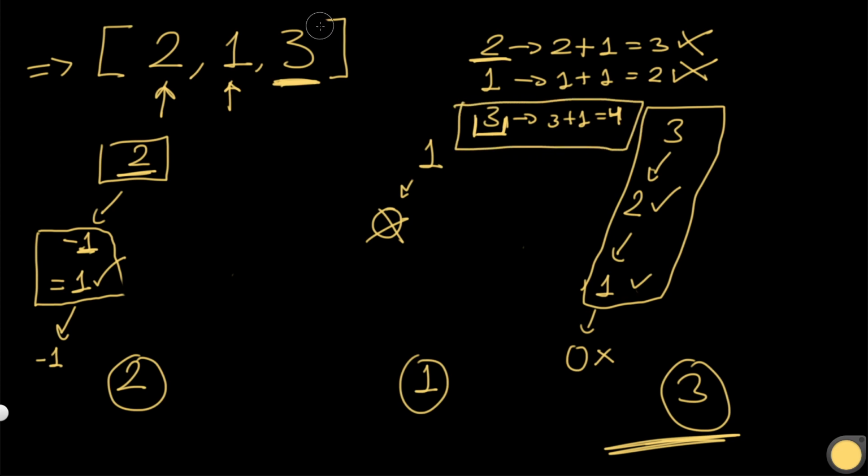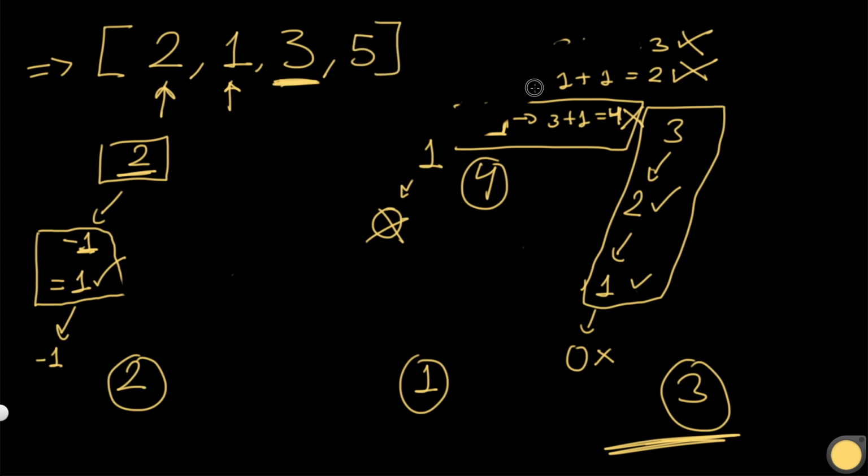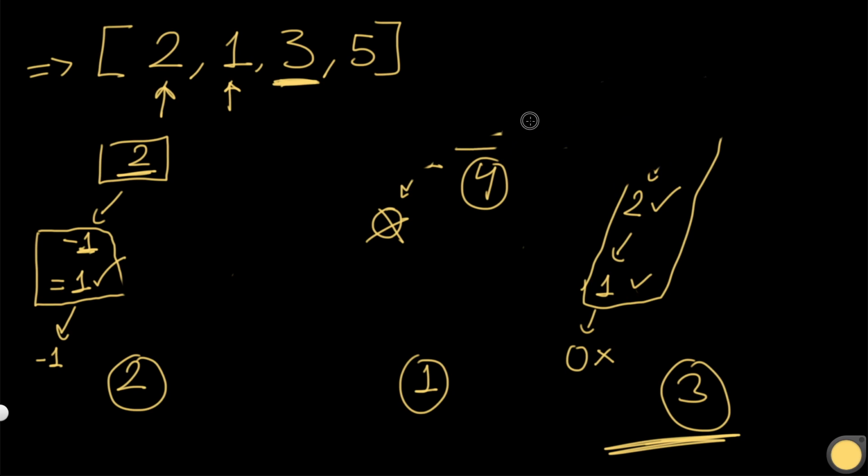Now, just for the sake of it, say I had the number 4. Now, in this case, since 4 exists, I would not check this, but instead I would check the number 4. But now there's another thing I want you to look at, which is, let's say I have the number 5. Okay, so this is slightly important. Let me just clean this up. So now essentially what's happening is, I have the numbers 2, 1, and 3, and the next numbers, I'm just going to write them, so 3, 2, and 4.